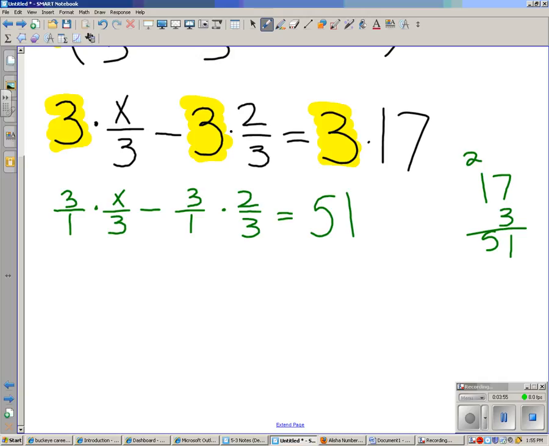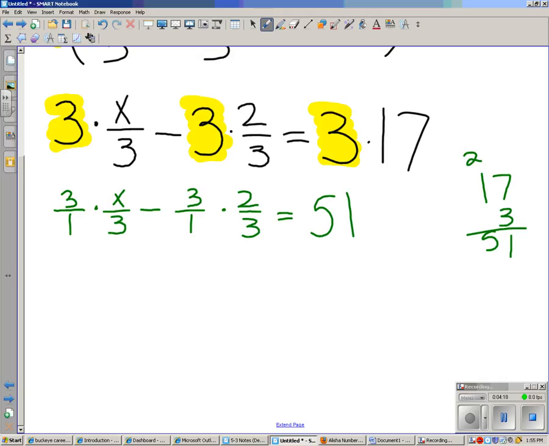Now, hold on just a minute. By order of operations, what do I do first? If I were just to get this equation, what do you do first? I do the multiplication first, right?